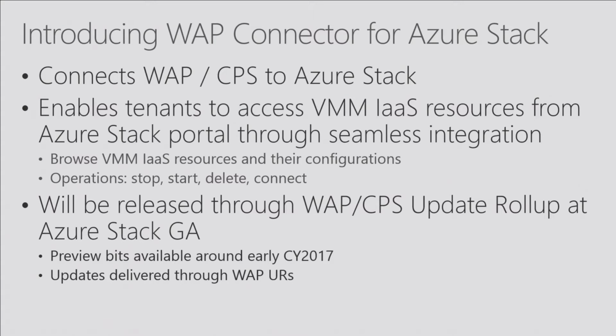This is not only read access; you can actually take actions, for example start, stop, snapshot, save state, things like that. It's not available in TP2. It will be released by the time of GA in mid of next year, in the form of quarterly updates or roll-up updates to WAP. This is a component you install on WAP or CPS, not on Azure Stack.